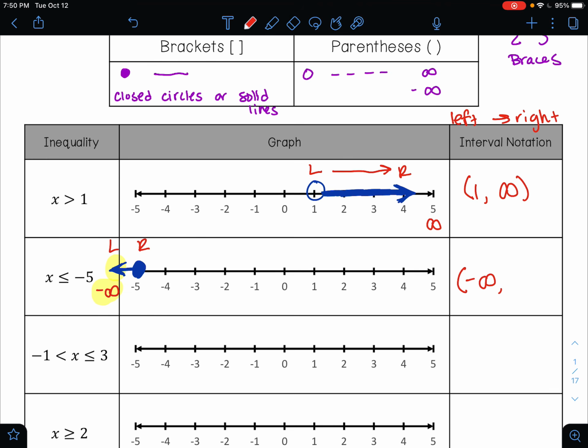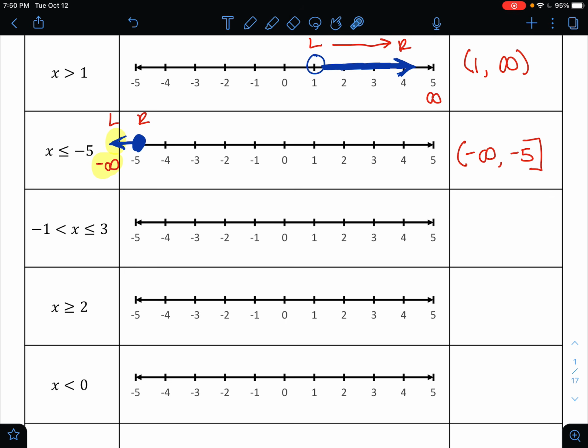Negative 5 has a closed circle. Closed circles get a bracket. So you can mix your parentheses and your brackets. Negative infinity gets a parenthesis because we can never get to negative infinity. Negative 5 gets a bracket because it's a closed circle. Again, your interval notation is always from left to right.